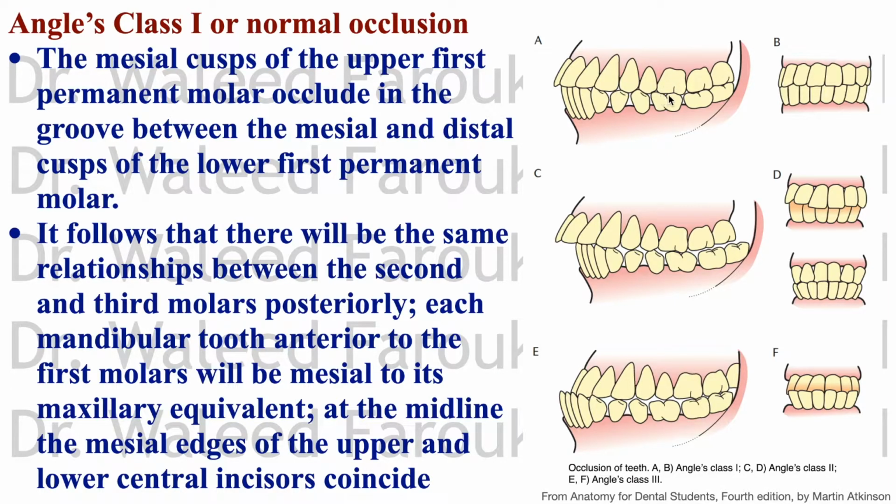The mesial cusp of the upper between the mesial and distal of the lower. So there will be the same relationship between the second and third molars posteriorly. Each mandibular tooth anterior to the first molars will be mesial to its maxillary equivalent.